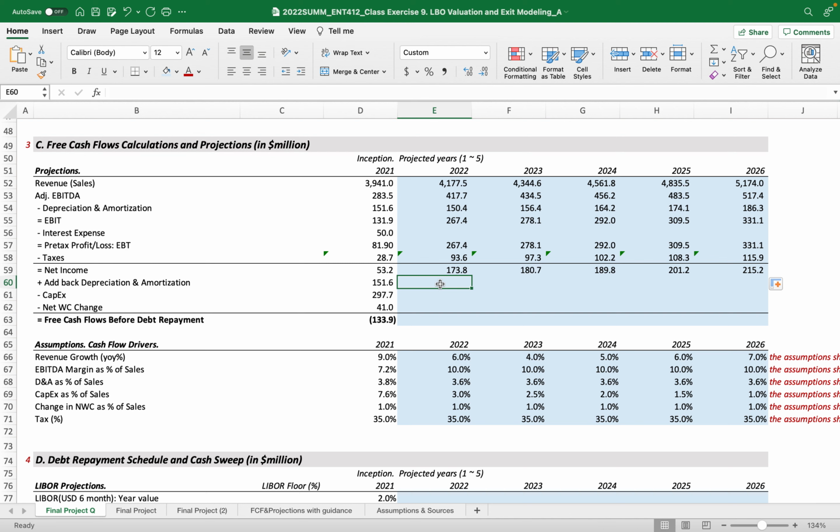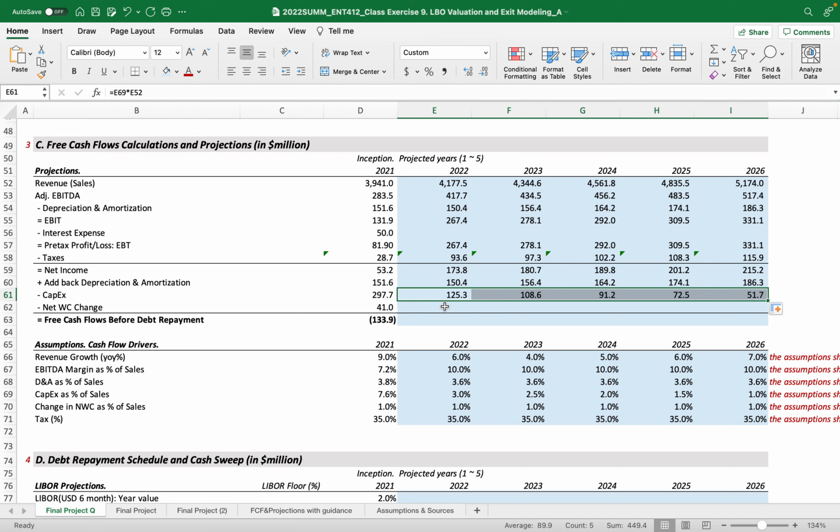We need to add back the depreciation and amortization, which we calculated here. Then let me just drag. And then capex. How to calculate capex? Capex is the percentage of sales times the sales, so 125.